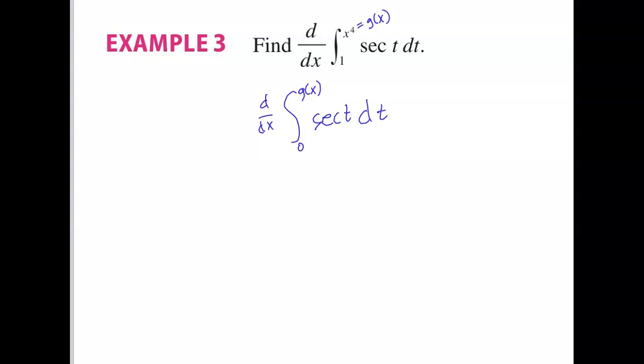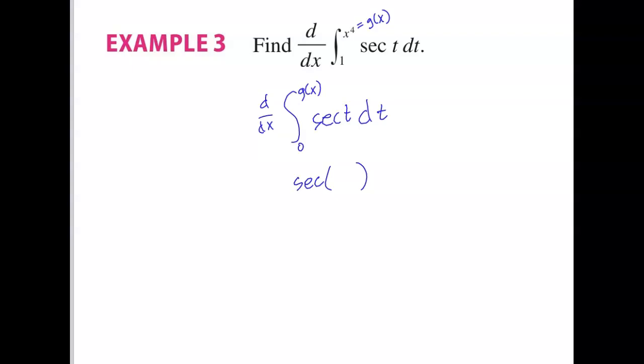Well, chain rule says derivative of the outside function, leave the inside function plugged in, right? So when I do the derivative of this outside function, I'm dealing with the integral. So that would just eliminate the integral.